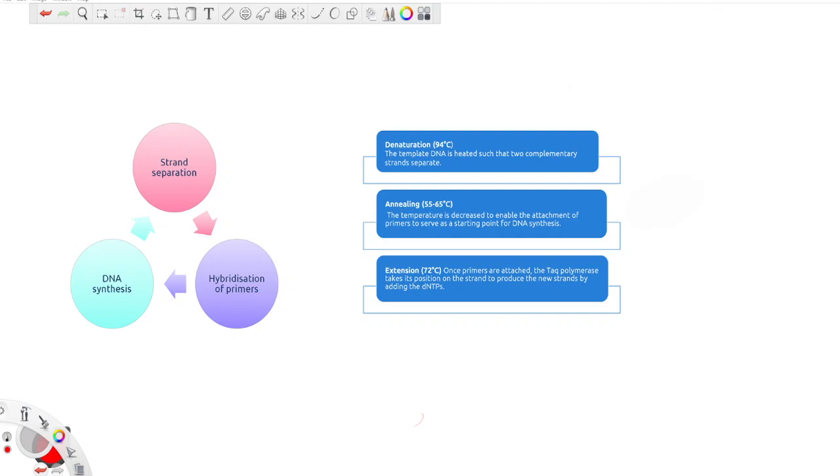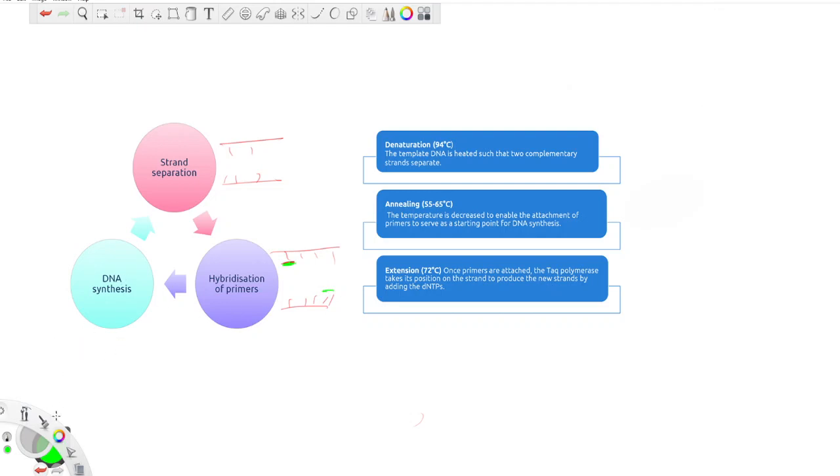The first one is strand separation, also known as denaturation, because what we're doing there is just opening the DNA strand, like this. Then after that, you have hybridization of primers. Once you've opened the strands, you add your primers like this. One is going to go here and the other one is going to be here.